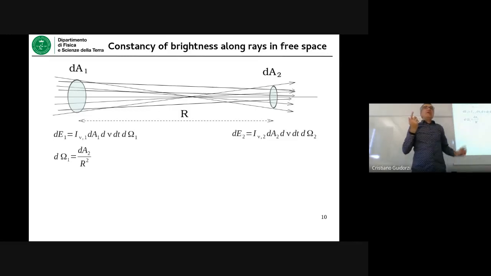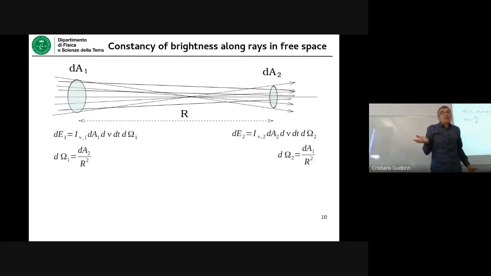And you realize that if you now consider the same aspect, moving to dA2, you stand where dA2 is, so you want to select all the rays that are coming from dA1. So you are making a selection. You do not take all of them, you just take those coming from that direction, which means d omega 2, from your point of view, is just the solid angle subtended by dA1.